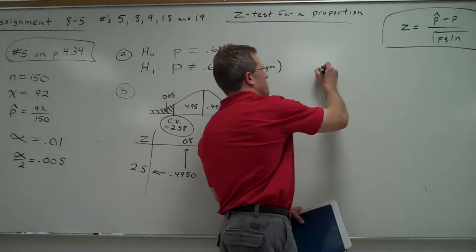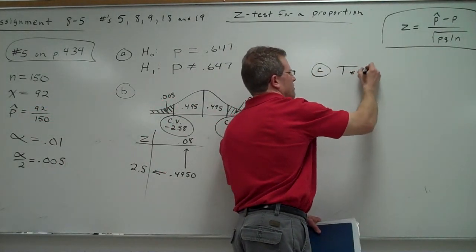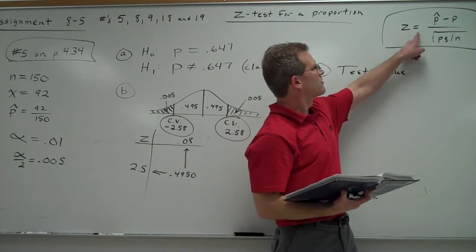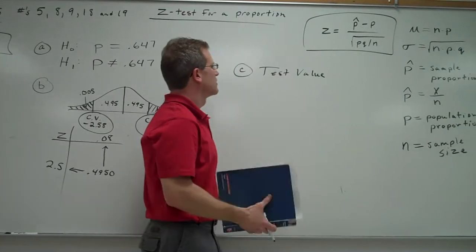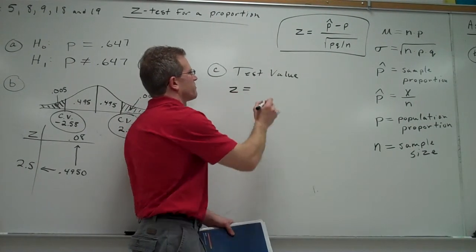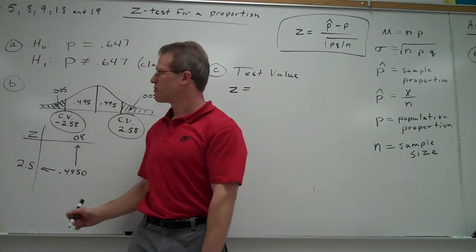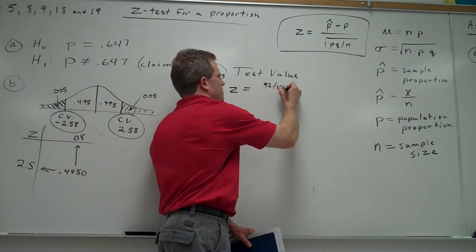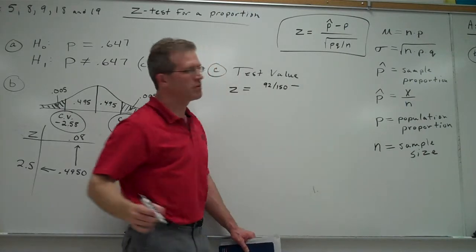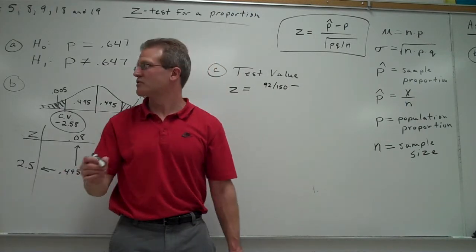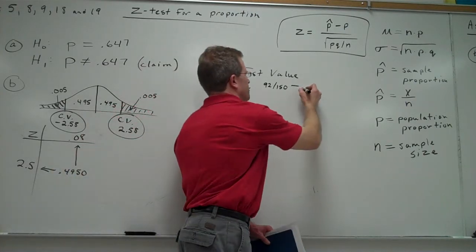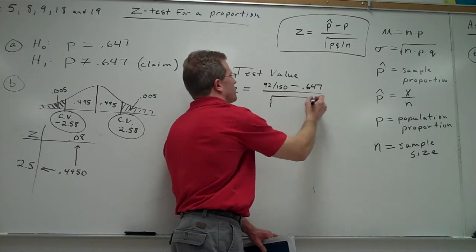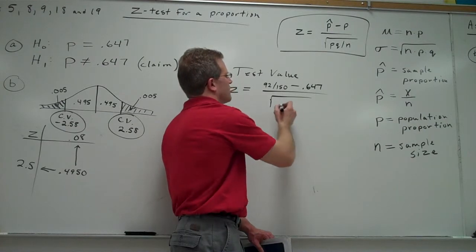Part C, we're going to find our test value. This is where we're going to use our z formula for proportions. So z equals p hat, our sample proportion, which is 92 out of 150, minus p, which is 0.647, divided by the square root of p times q divided by n.